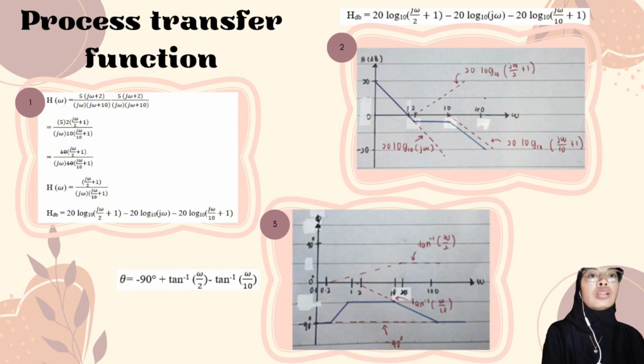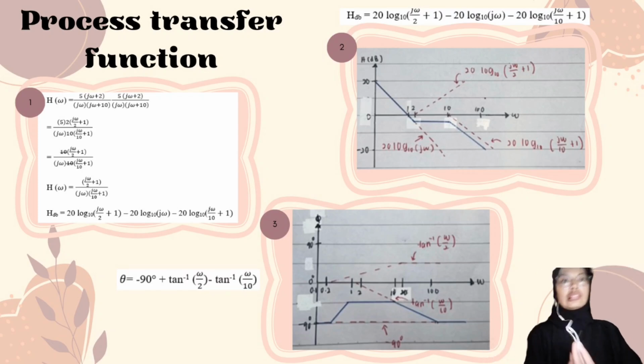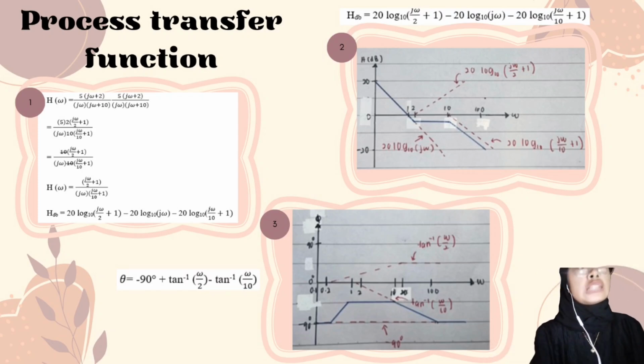And as we know, 20 log j omega will intercept at 1 omega, and as we can see, the graph starts at 20 and then it will intercept at 1, and after that it will be a straight line until 10 omega, and it will decrease until 100 because it's 20 log 10 j omega divided by 10 plus 1.